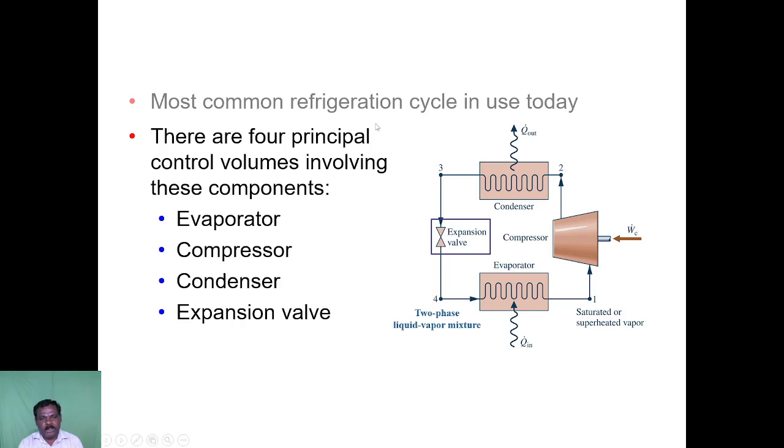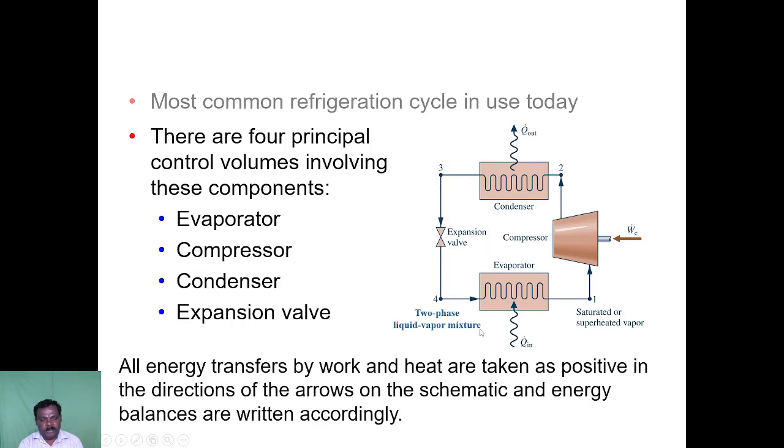This is the most common refrigeration cycle, with these main components. Then I can explain one by one how we get the chillness effect, or effectiveness, in this refrigeration cycle.